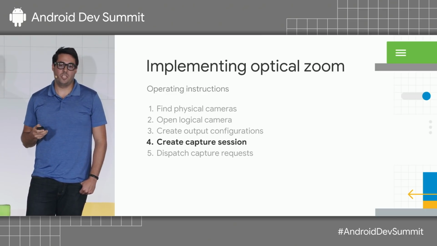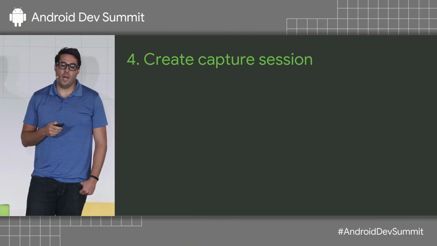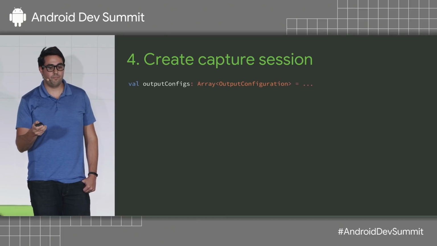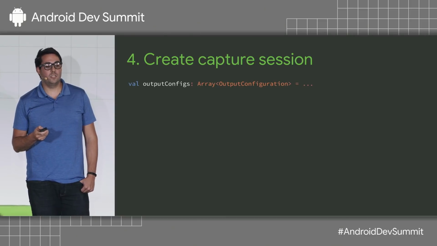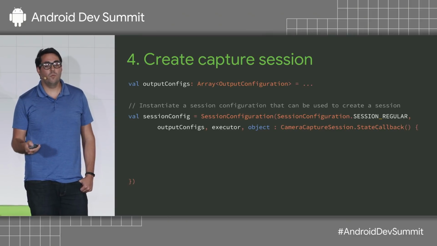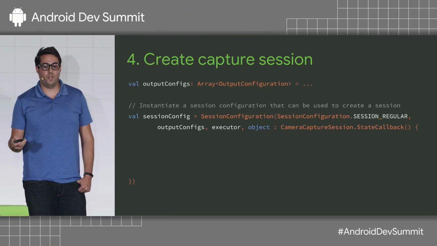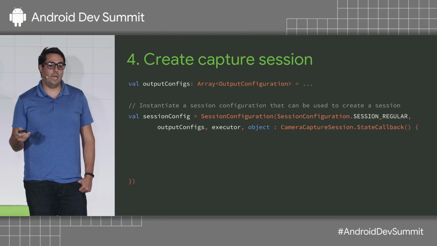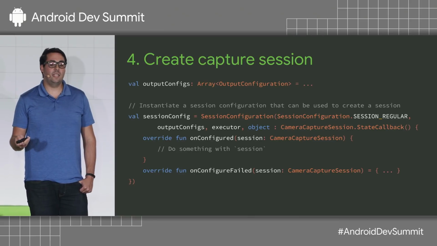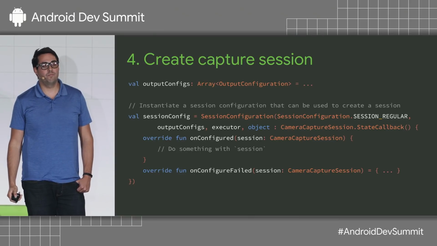Now we create the capture session. How do we create the capture session using the new session configuration object? We start off with our list of output configurations that we just created. With that, we instantiate a session configuration, which includes the capture session callback. From that callback, we're going to get an instance of the created camera session.